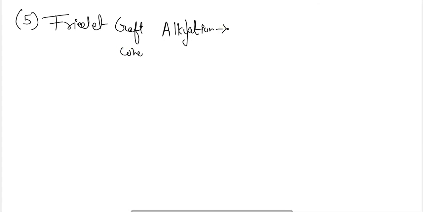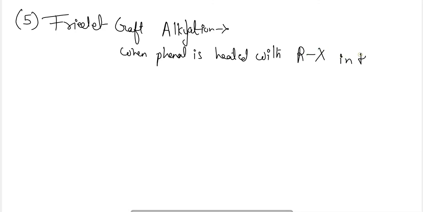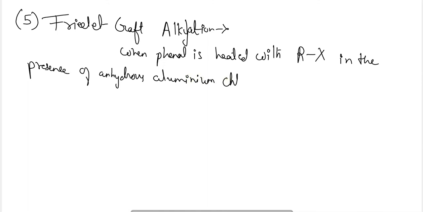So when phenol is heated with alkyl halide in the presence of anhydrous aluminium chloride, that is AlCl3, it forms cresol.